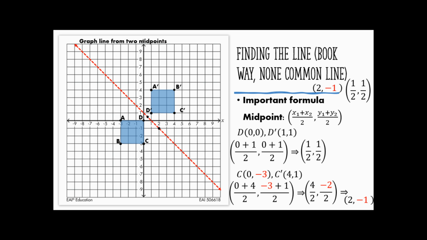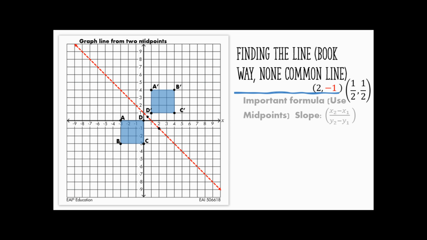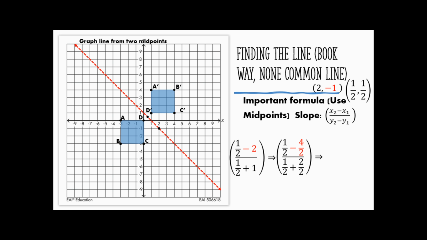All right. Now what kind of line do we have? Well, we can use midpoints, and he wants us to get the slope this way instead of using an easier way using logic. So we have 1/2 minus 2, 1/2 plus 2, or plus 1. Convert those 2's and 1's into halves, so we have 1/2 minus 4/2 and 1/2 plus 2/2, getting us negative 3/2 over 3/2.